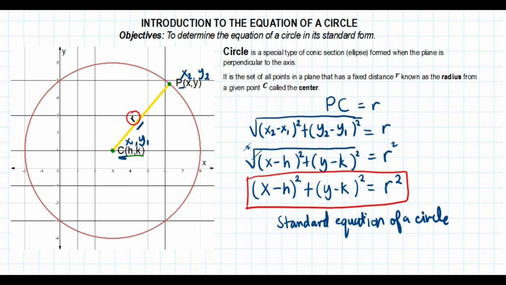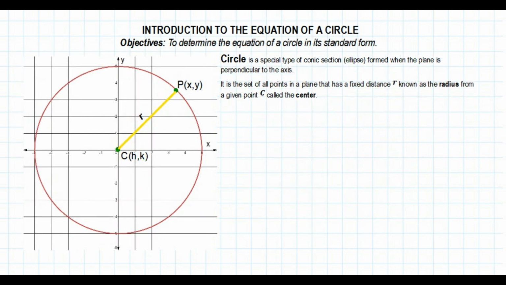Now, let's have another example. This is the last slide. What can you observe about the h and k, or the center? Points on the center. So, we will use the center. The center, saan siya nakalocate sa coordinate plane?